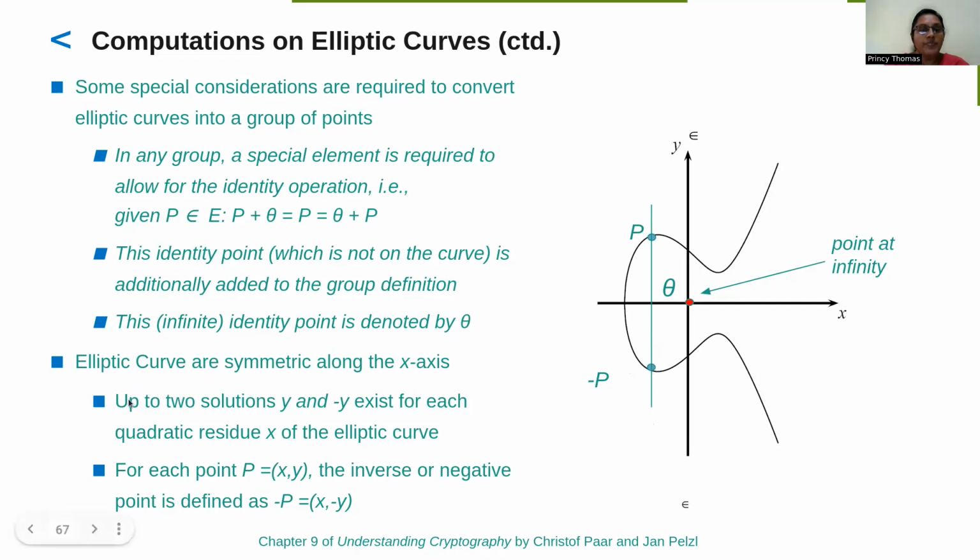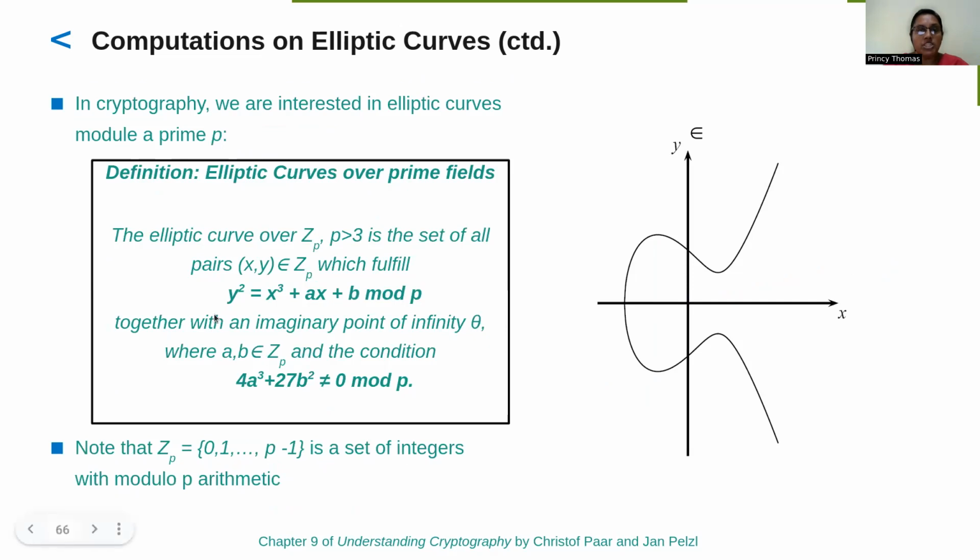So we can see up to 2 solutions. If you take any particular x on the x-axis, there are 2 solutions for y. There will be a positive y and a negative minus y. How do you know that? You look at this equation.